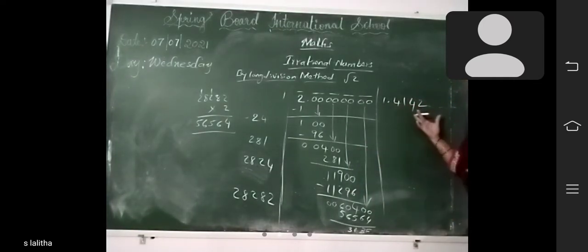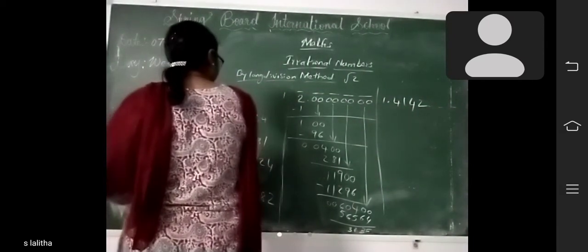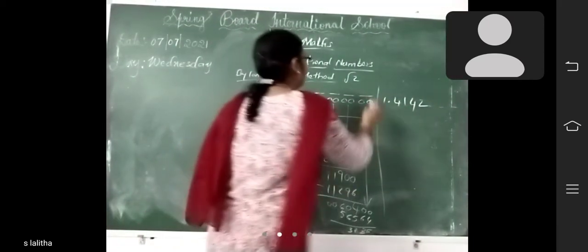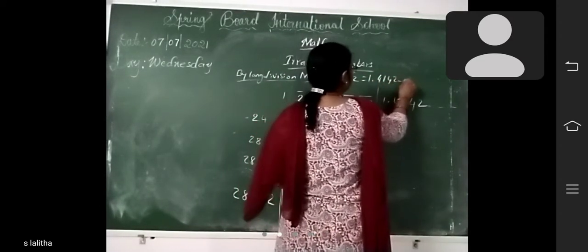So what do you call this one? It is a non-terminating, non-recurring decimal. Okay. What is the root 2 value? 1.4142 and so on.